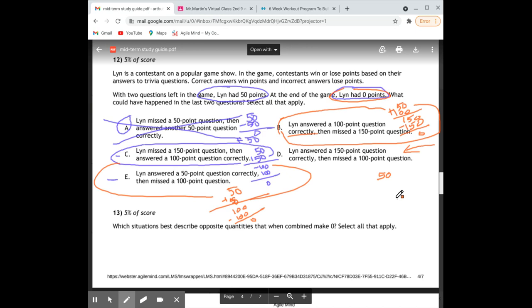You would add 150. Good. And when we do that, we get what? 200. And then it says she missed 100-point. So would you add or subtract that? Subtract. And so what is that going to be? 100. Great. So is that going to be the correct answer? No, because we wanted 0. Good.